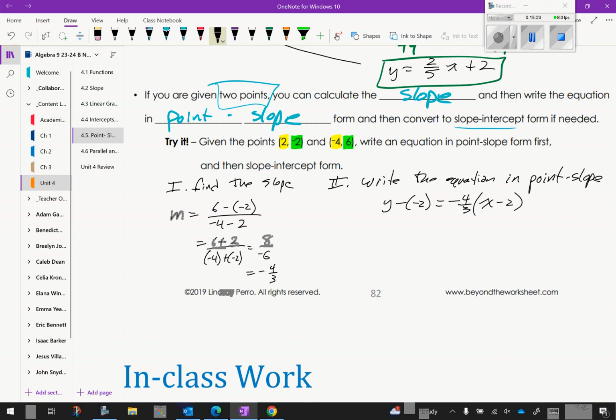Well, over here on the left side, I can rewrite that as plus 2. Over here on the right, I'm going to distribute. So negative 4/3 x. Negative times negative is positive. And this is now 8/3.